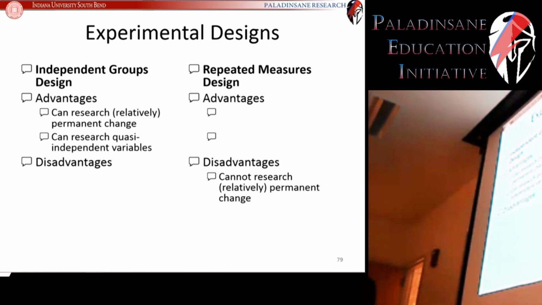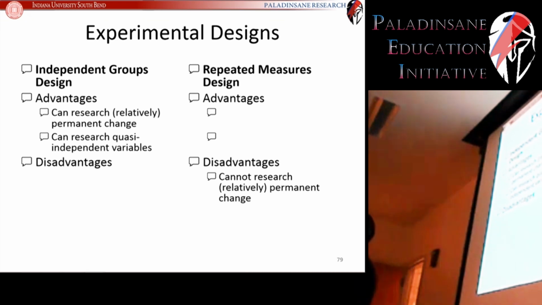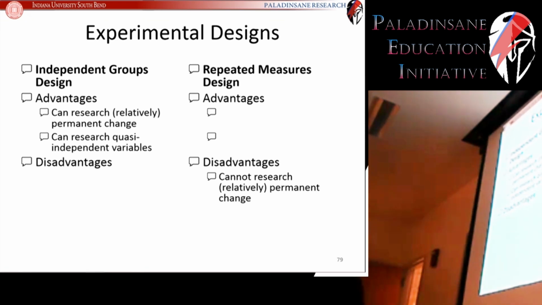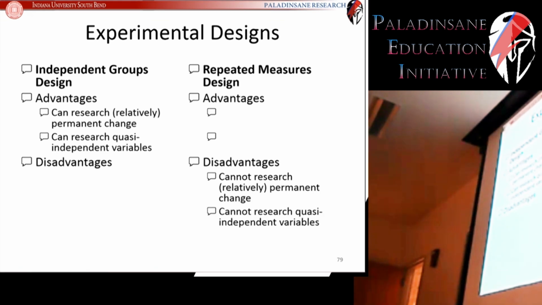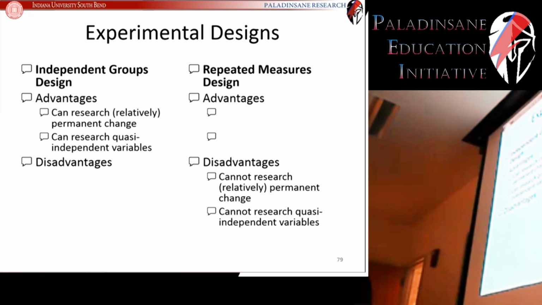Independent groups designs, this is a big one here. You can investigate quasi-independent variables. Quasi-independent variables are variables that you can divide people on, but you cannot randomly assign. In a repeated measures design, you cannot divide people because they're experiencing every single condition.